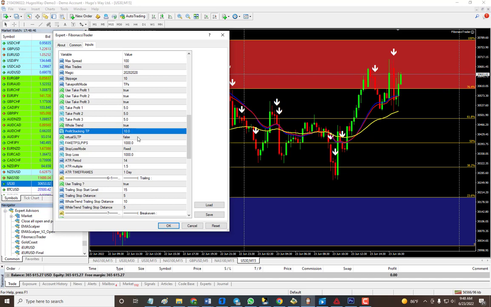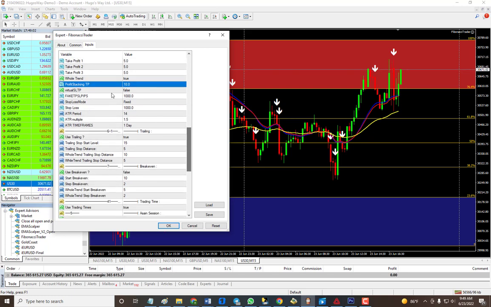If you're using this type of TP, that means every 10 pips it goes in profit, it will close and open another trade until the trend changes as well. And then you can have your fake TP. If you use virtual TP, it will put a fake TP on the chart, and it will close at these TP levels here.